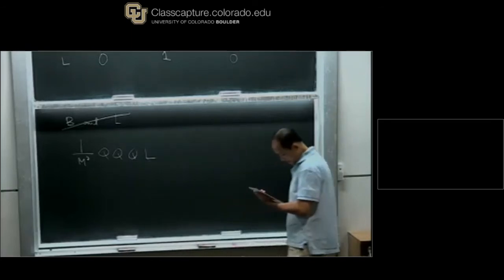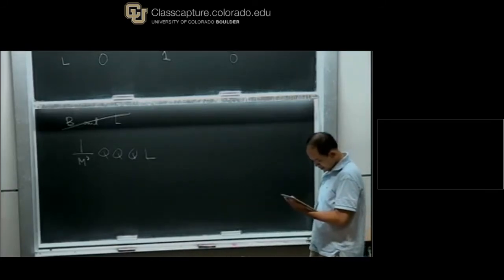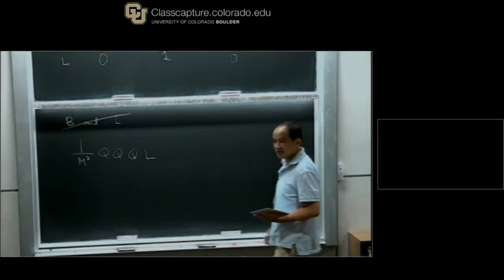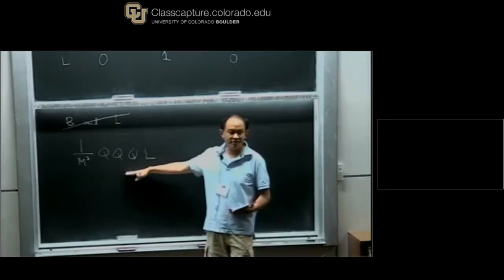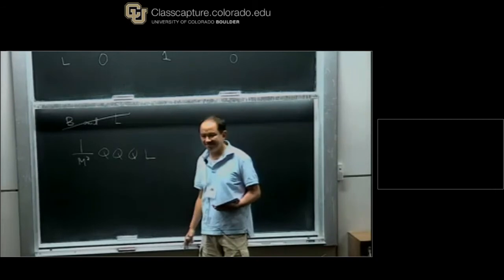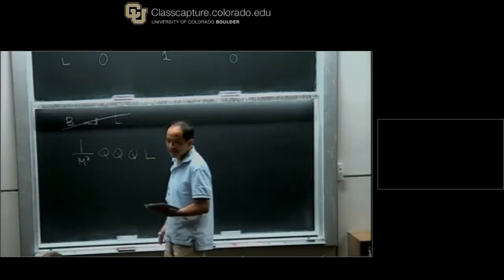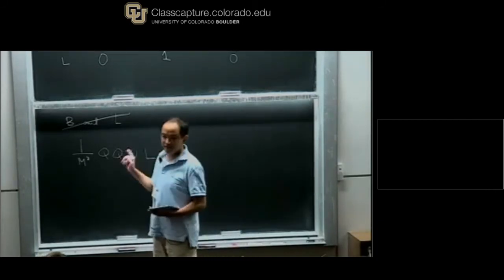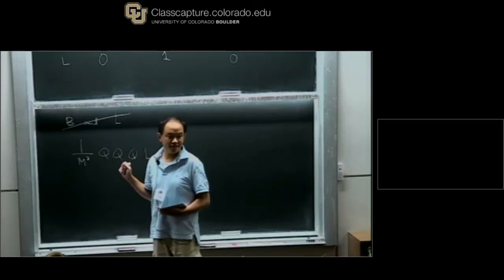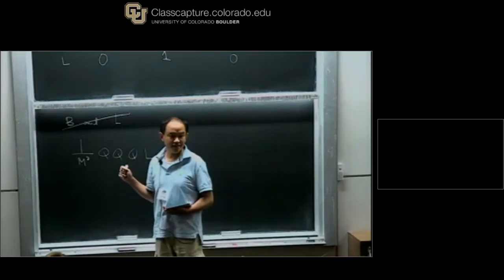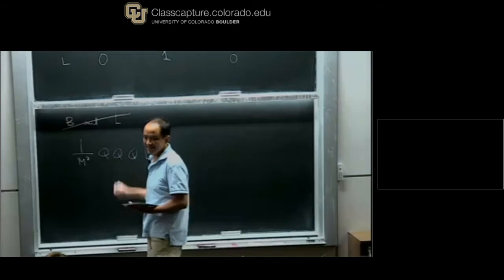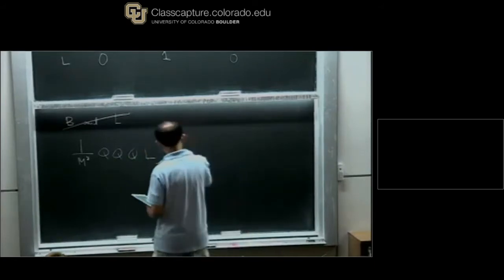Okay. Now, what's the observable effect of this operator? If this one is large, we will not be here. The proton will decay. Okay, and so this leads to proton decay.